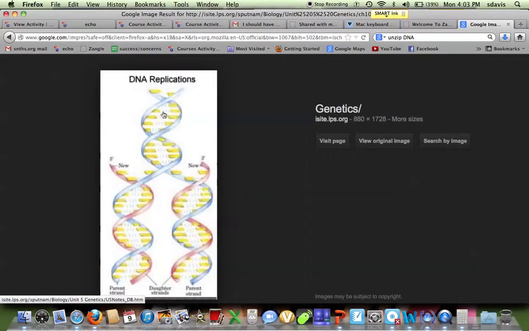So what happens, see this blue, this is the original strand, and something came along and unwound it. So if you look, see, here's the original blue, like that. And that makes it so that you can make a new copy of it, and that can then be sent out. You get the idea of unzipping.